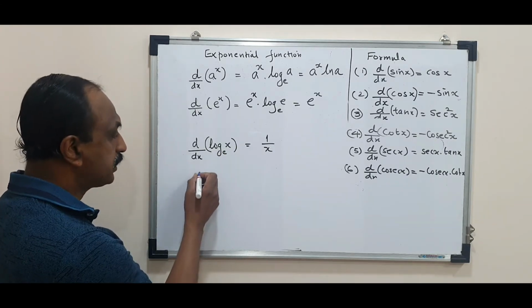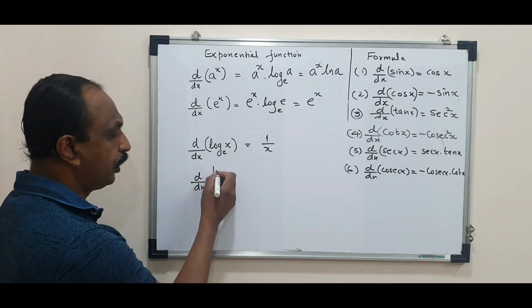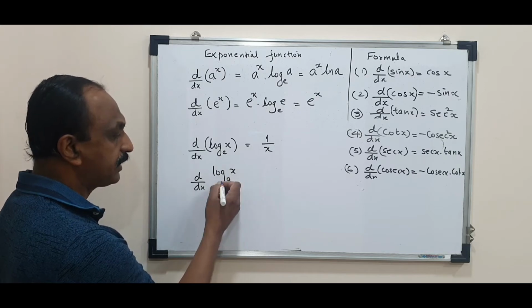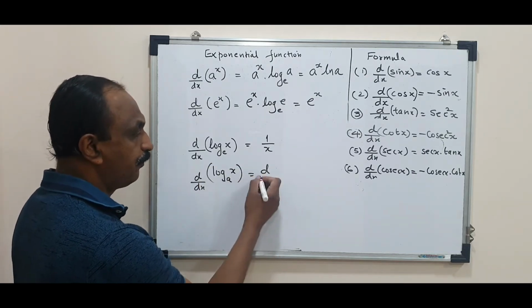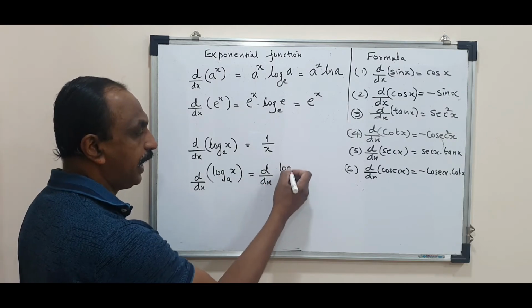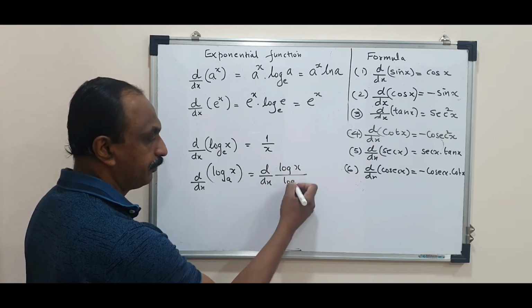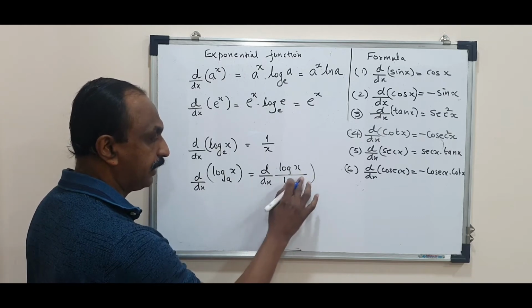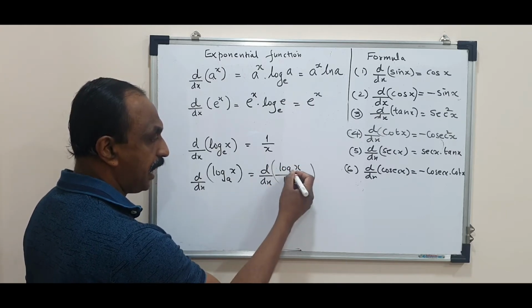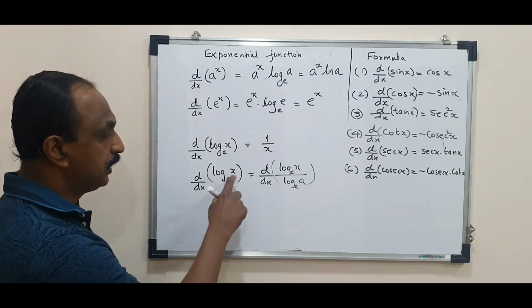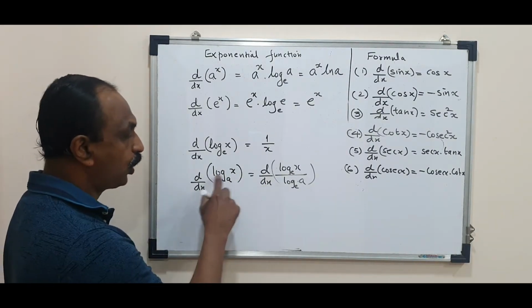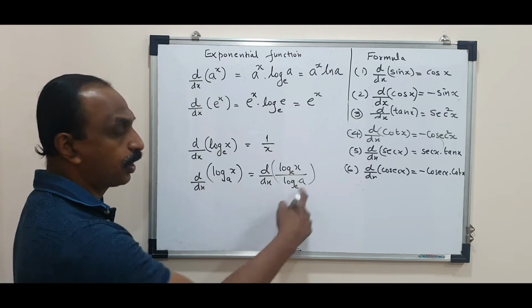So now the question asks, what will be the derivative of log x to the base of another number, not e? Then what you need to do is write log x upon log a. What I have done is change the base. This is a property of log. What is the property of log? Change of base property: log of x upon log of a.